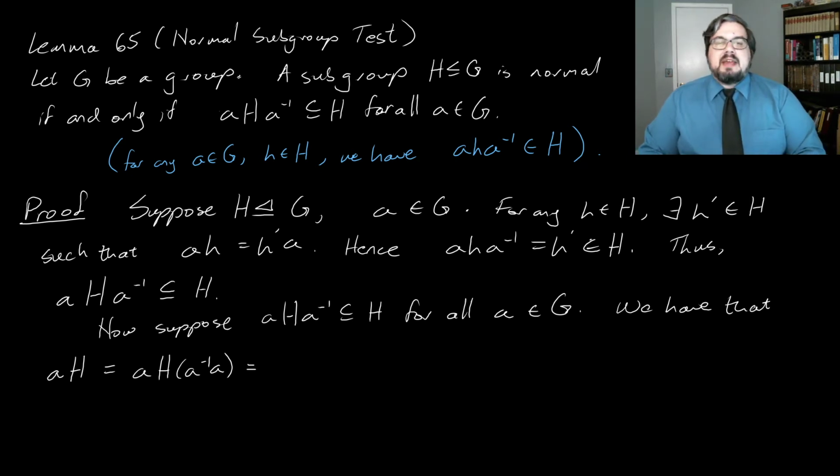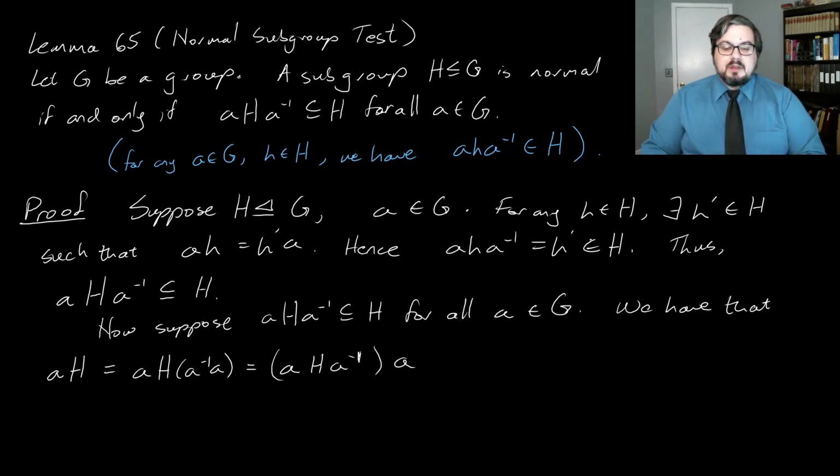We also know that we have associativity when looking at cosets, so aH a⁻¹ a is the same as (aHa⁻¹)a. These are all things we proved back when we first talked about cosets.